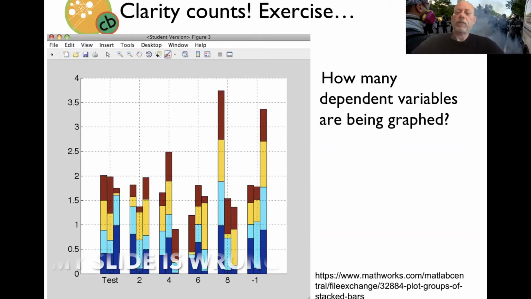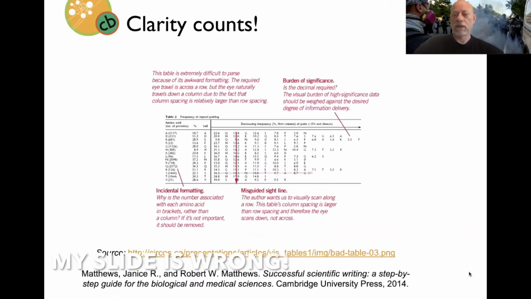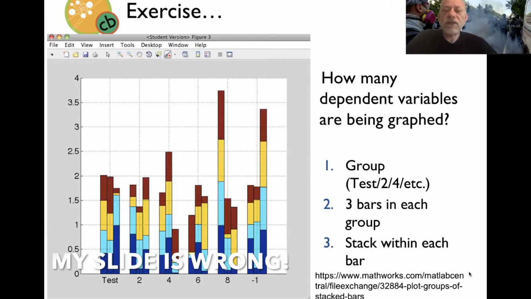All right, you've paused your video and thought about that. Let's look at our figure now. And I'm going to assert that there are 3 dependent variables being graphed. Dependent variable means what the experimenter controlled as opposed to what they measured. That's the independent variable. So this is my analysis.